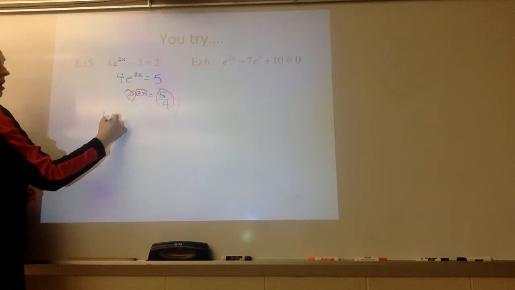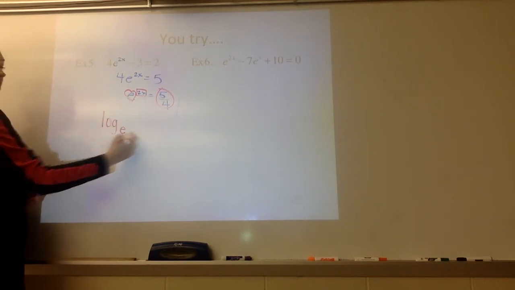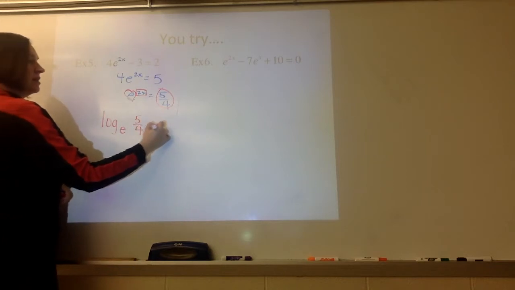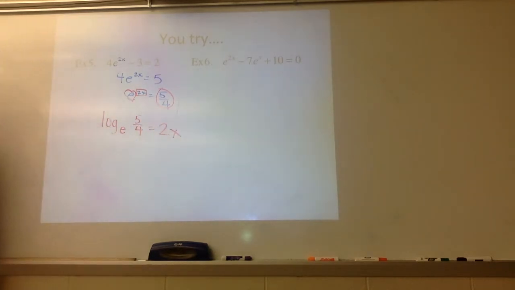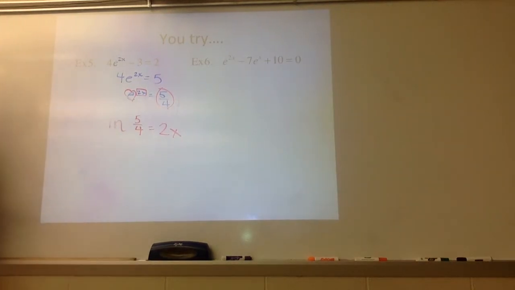So it's log base e of 5/4 is equal to 2x. Notice now I got the x out of the exponent. What do we know log base e as? ln. So technically, this is really ln of 5/4. Last step, divide by 2.